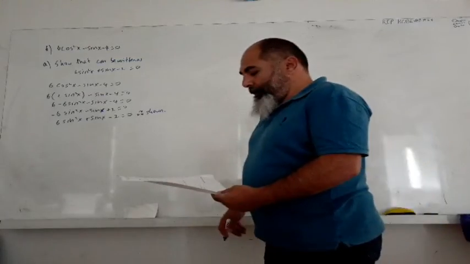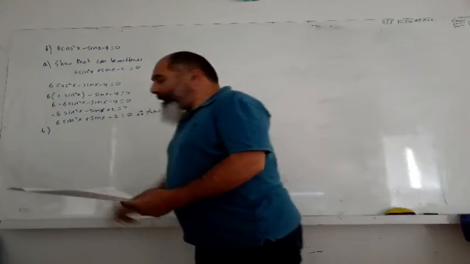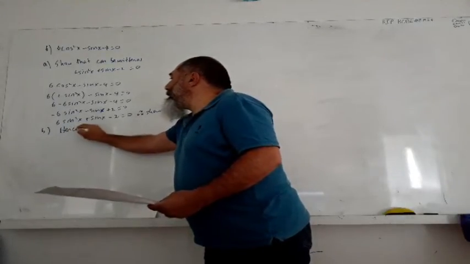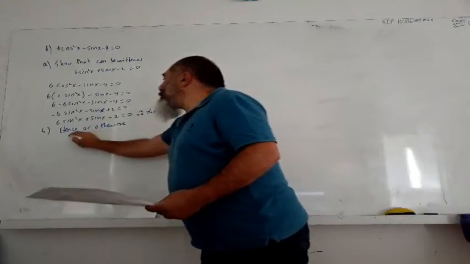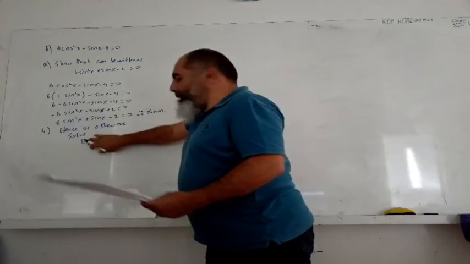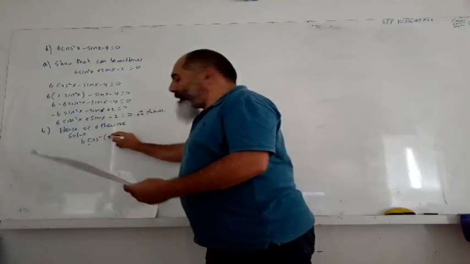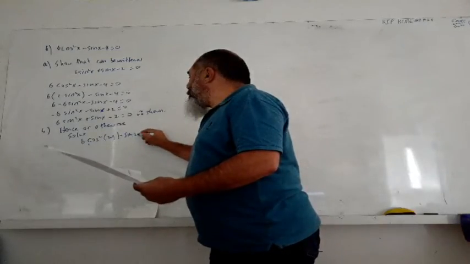On the second part of the question, it says, hence or otherwise solve 6 cos squared 2y minus sine 2y minus 4 is equal to 0.